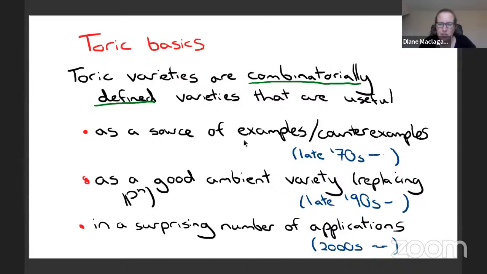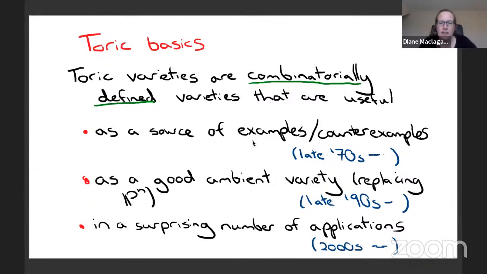And there's also just some elementary examples in algebraic geometry where it's easier to give a toric example than it is to give a non-toric example. One I personally like, for beginning algebraic geometry students, is an example of a variety that is complete but not projective. This is somewhat complicated for the non-toric example, but fairly straightforward as a toric example.